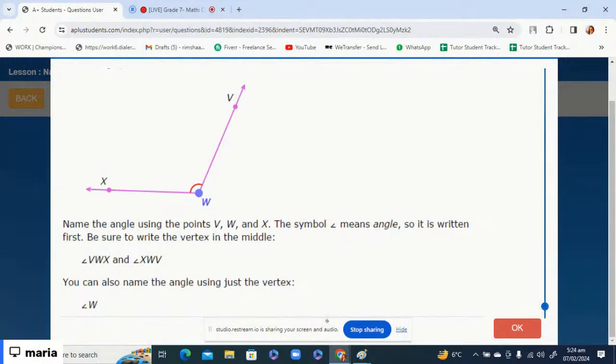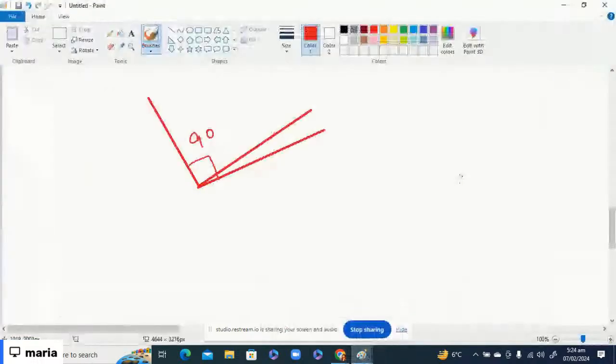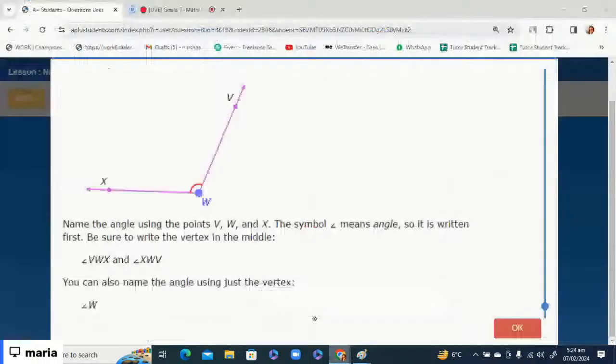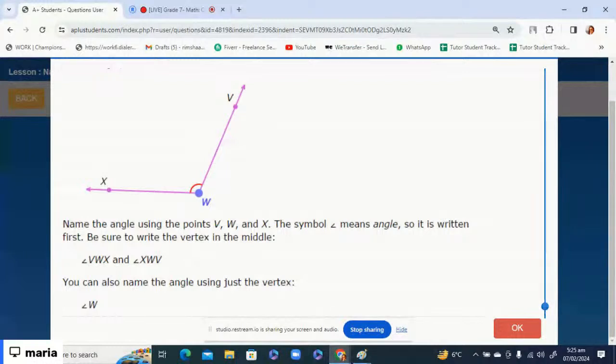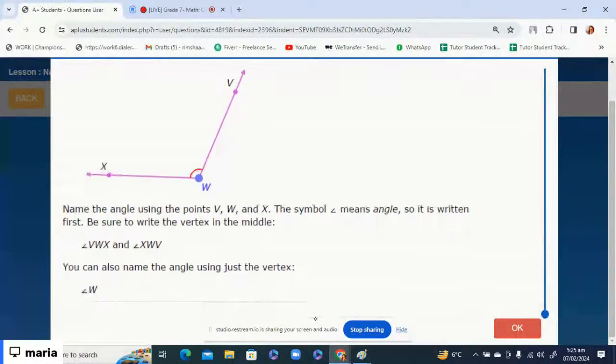So this is the sign. Look, this is the sign of angle. Okay, this sign is the sign of angle. So we can say that this symbol means angle. So it is written first. Be sure to write the vertex in the middle. So angle VXW or angle XWV. You can also name the angle using just a vertex.